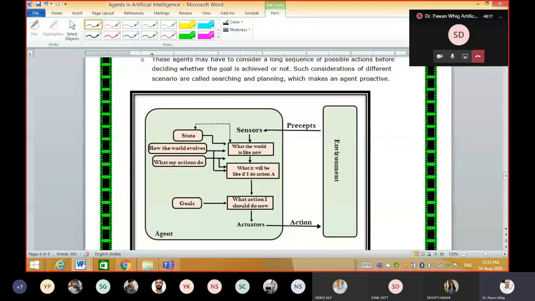For example, you set it to clean the whole room within 30 minutes. So the agent has to finish its task in those 30 minutes. That 30 minutes is what we call the goal. Agents which have a goal are called goal based agents.